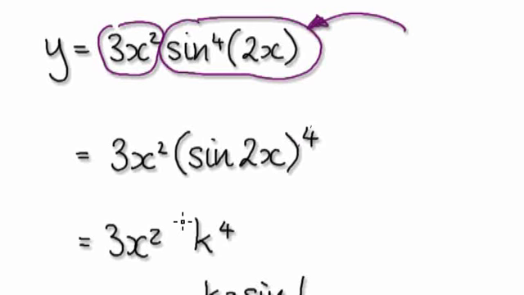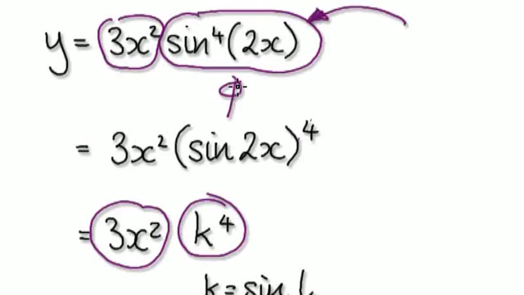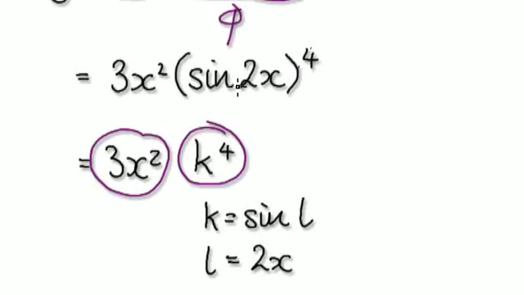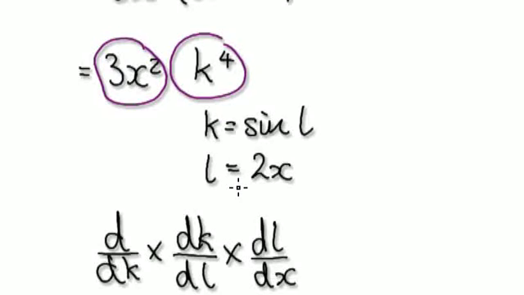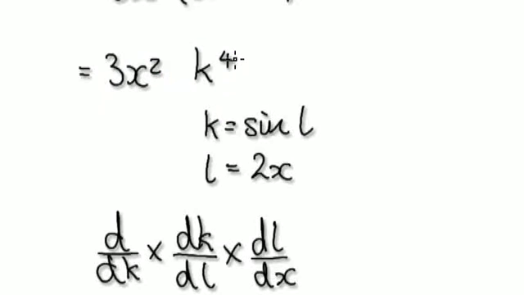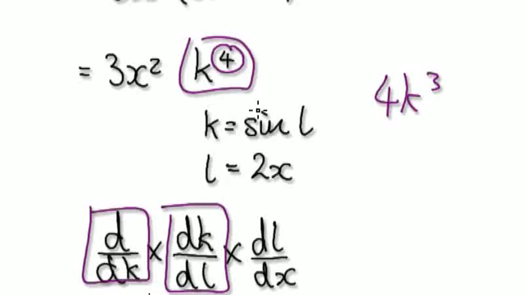If you visualize it as this bubble k to the power 4, it's a lot easier. Differentiating with respect to k, the first part would be 4k to the power 3. That's this bit done, and then you've got to differentiate k with respect to L.